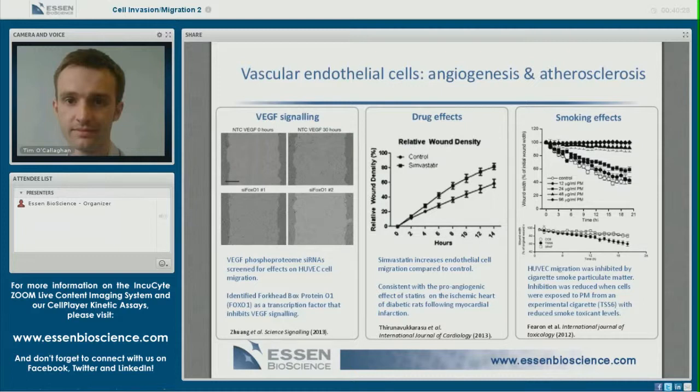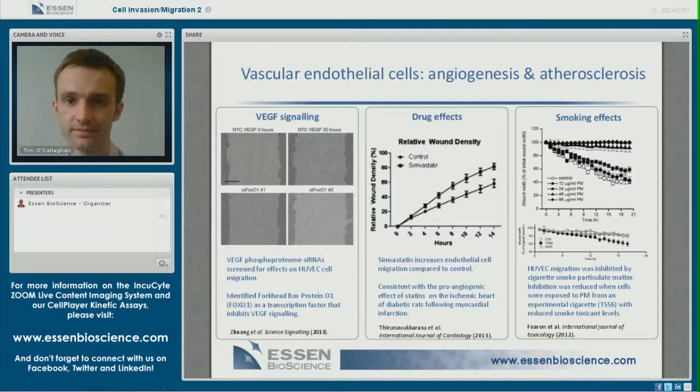This observation was consistent with the pro-angiogenic effect of statins on the ischemic heart of diabetic rats following myocardial infarction. The team suggests that this pro-angiogenic effect is primarily associated with the pro-migratory effect attributed to simvastatin treatment.